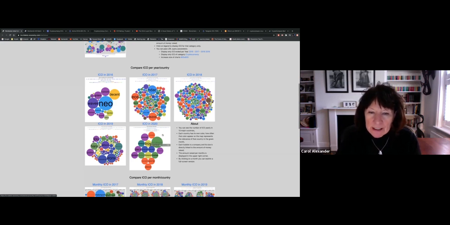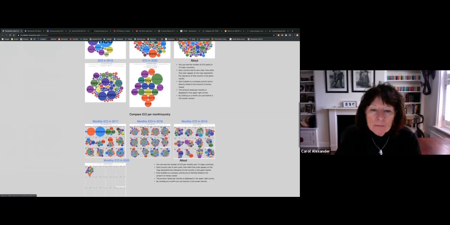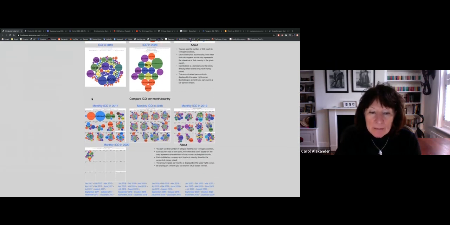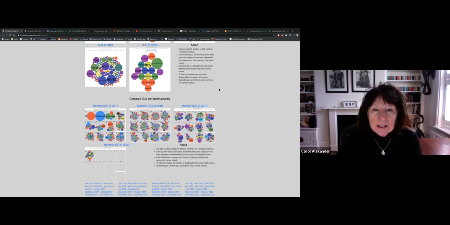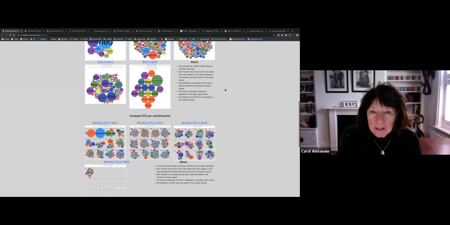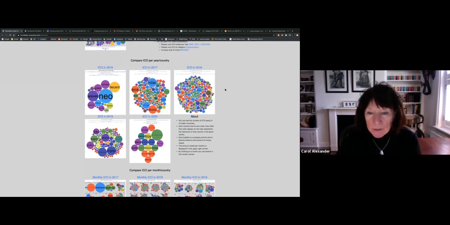It's quite interesting to see how this has evolved, not only by year, but by months as well. So this data is a little old. They haven't got all the months there, but I think the coronavirus has made ICOs much, much more important in the world economy than they ever were before.